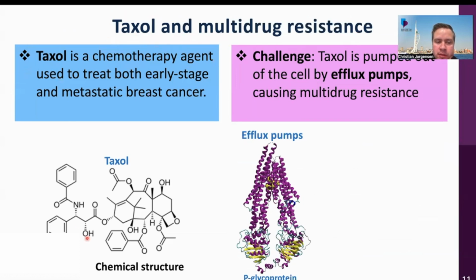So Taxol, and the chemical structure is here, is a chemotherapy agent that is used to treat both early stage and metastatic breast cancer. So this sounds very noble and very useful. We're not looking at some elective thing. This is really for people who are very sick. But it can be used at the very early stages.